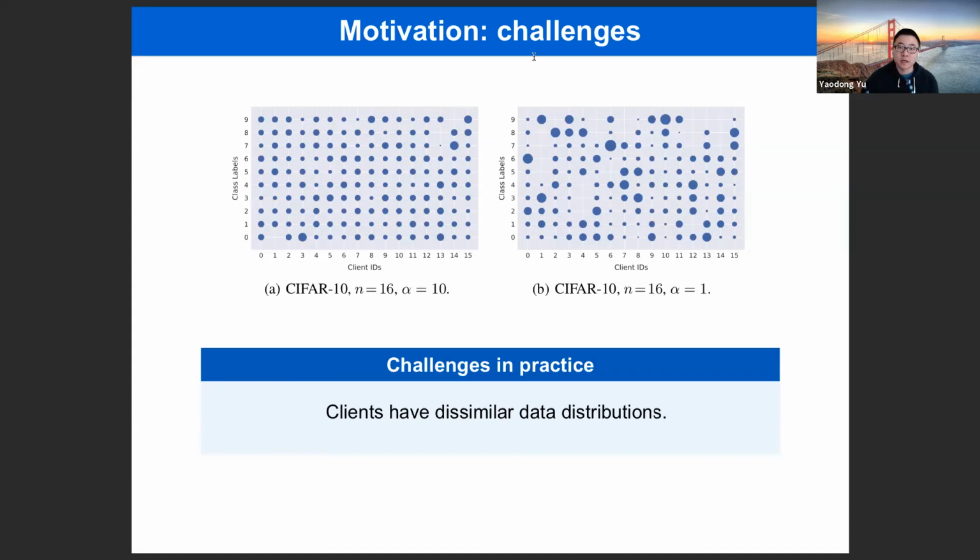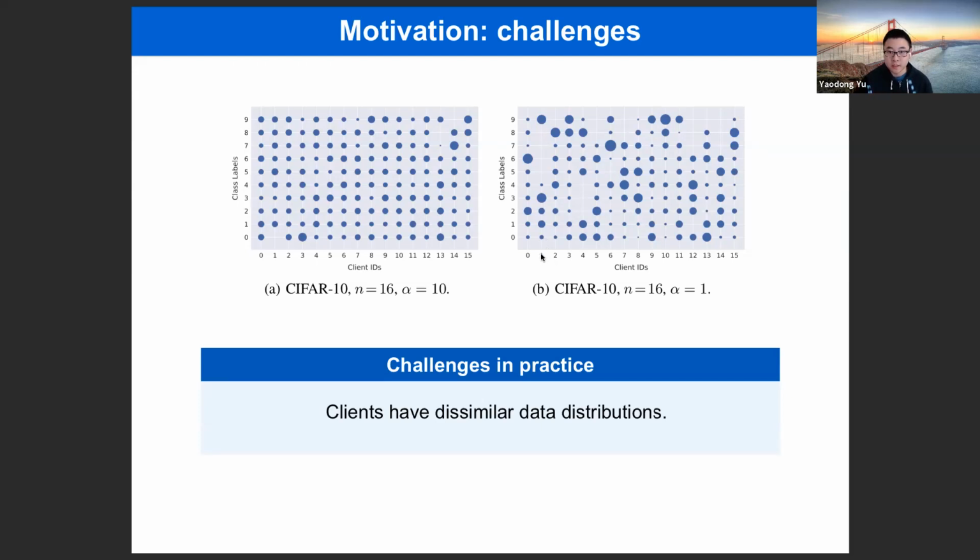By the way, this parameter alpha controls how large the data heterogeneity is. You can interpret this as, the larger the alpha, the more similar the data distribution across the clients. However, on the right-hand figure, we can find that a lot of clients have missed the samples from a lot of labels.